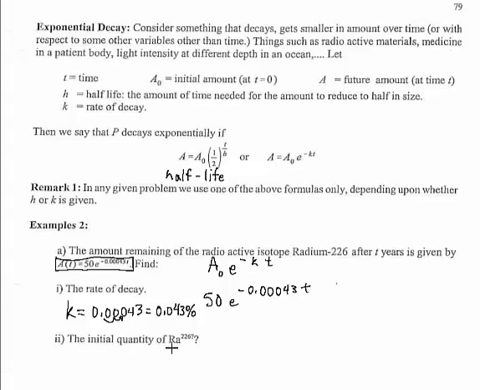What is the initial quantity of radium-226? Well, our initial quantity simply sits in front of the exponential function, e. And so, in other words, A naught equals 50. 50 what? More than likely it's 50 kilograms. The problem doesn't really say.